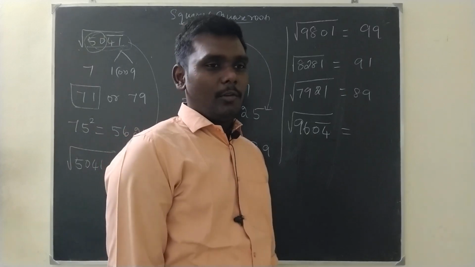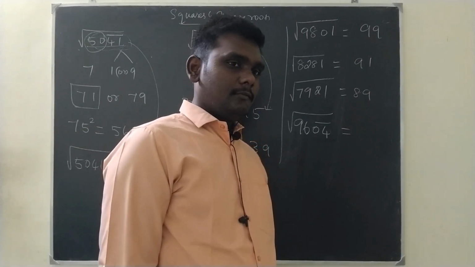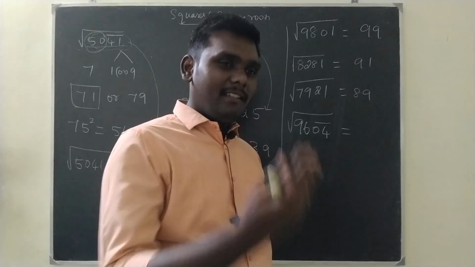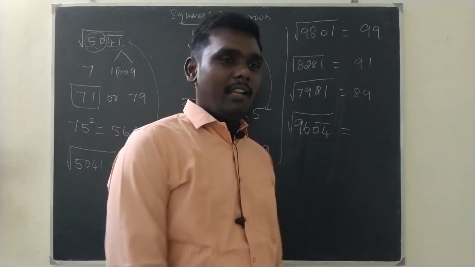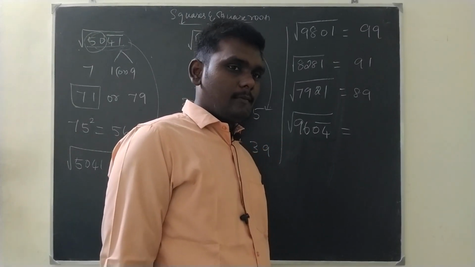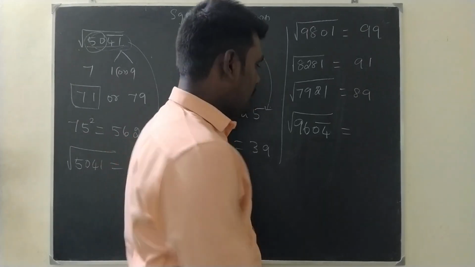Don't flip the pages of your notebook. Flip your mind and think. 2 and 4. Simply say 1 square, 2 square, 3 square, which are all ending with 4. Two or 8.